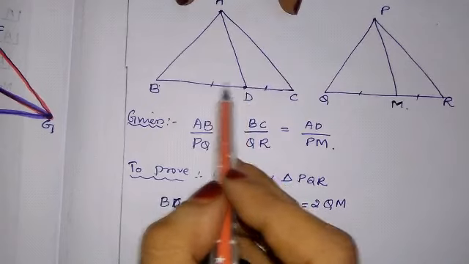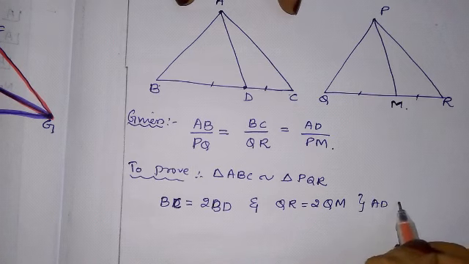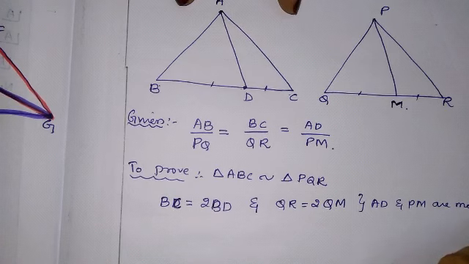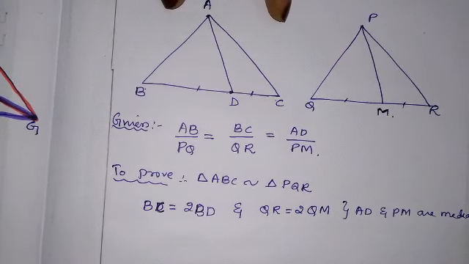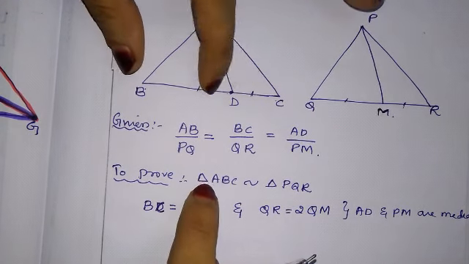Double of BD is BC. Why? Because AD and PM are medians, so it is like that. Double of one half is the full side.